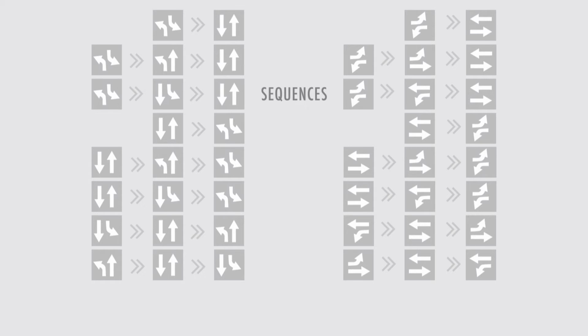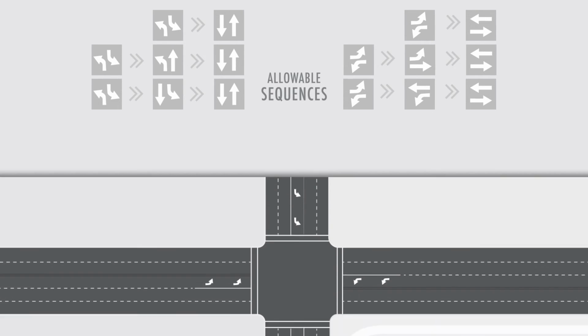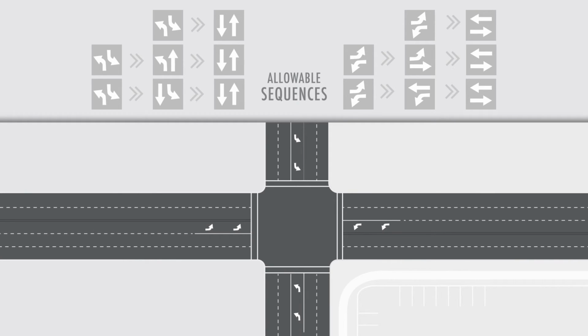For example, if the traffic professional chooses not to have lagging lefts, all lagging lefts would be removed, leaving behind only the allowable sequences. InSync draws from the available sequences dynamically, serving both sides of the barrier without violating the traffic professional's safety considerations. This provides the best possible use of green time for vehicles waiting at or approaching the intersection.